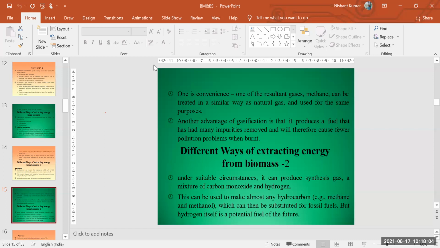Another practice we are doing, instead of storing this energy in a battery, is storing it in a hydrogen format that could be used in fuel cells to generate electricity. This is also a practice that researchers are doing, and in some places it is also being done.